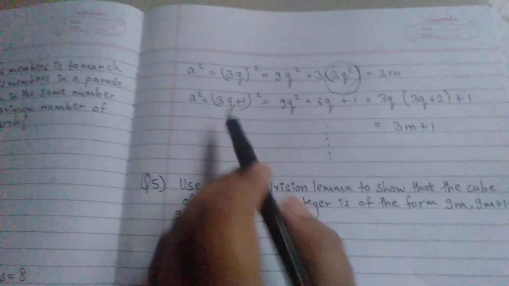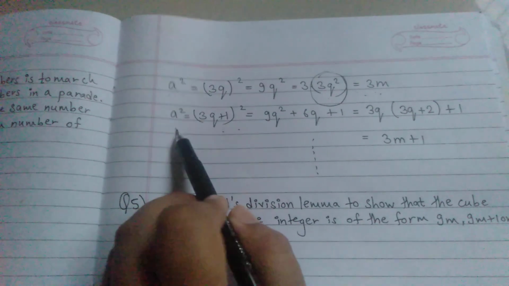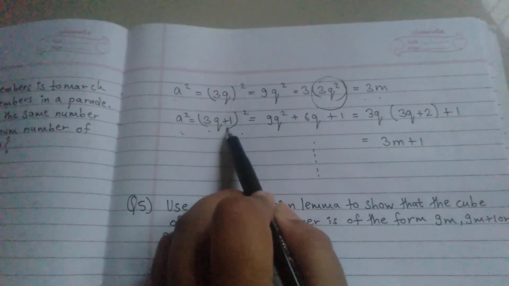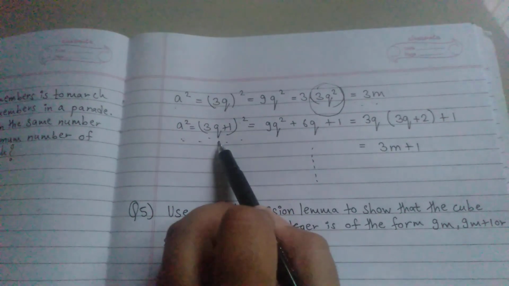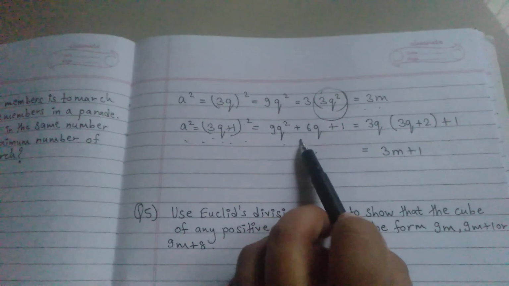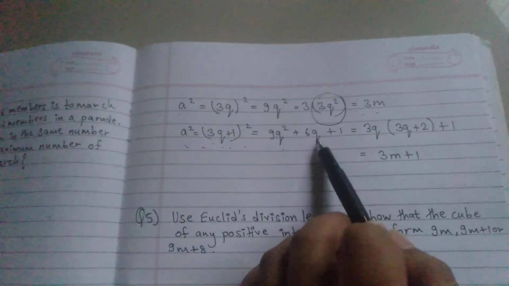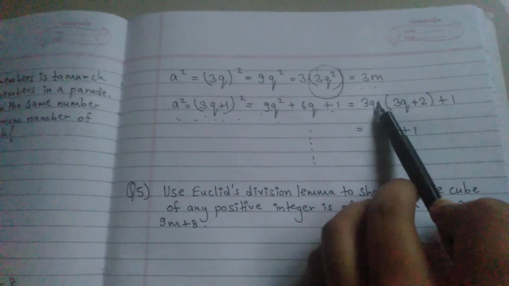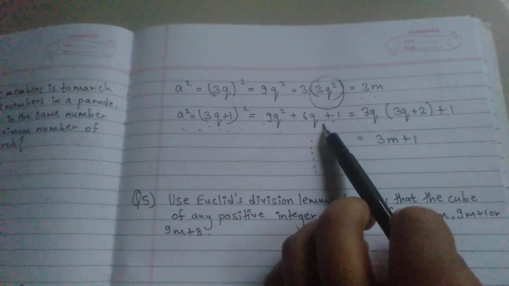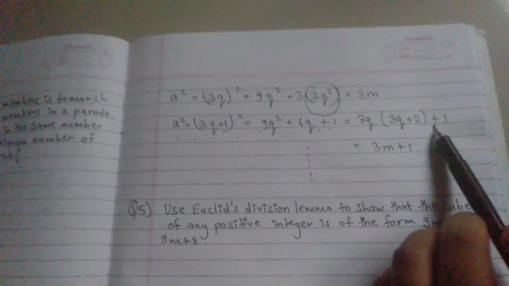Okay, then next again, a can also be represented as 3q plus 1. So a square is equals to 3q plus 1 whole square. So we can apply a plus b whole square formula, a square plus 2ab plus b square. So 9q square plus 6q plus 1. So let's take 3q common from these two numbers, and then 3q into 3q plus 2 plus 1.